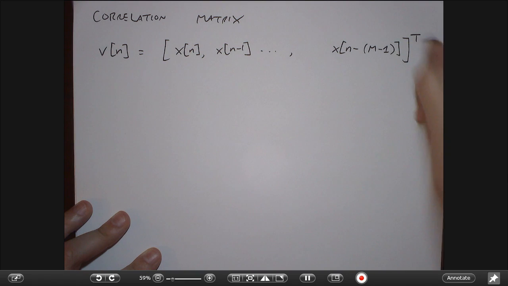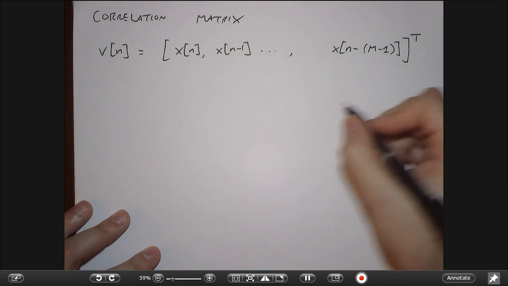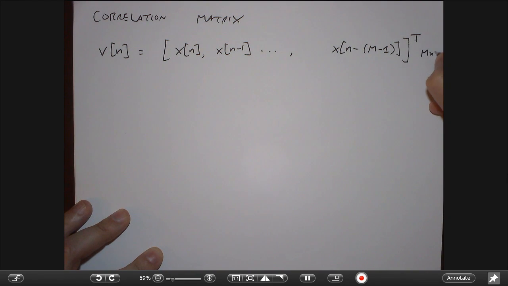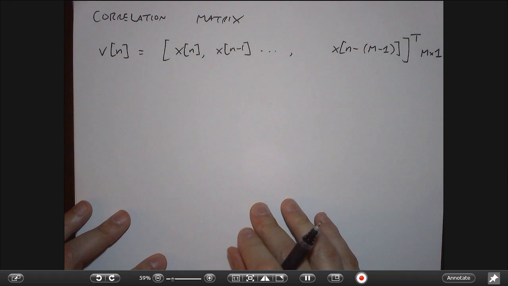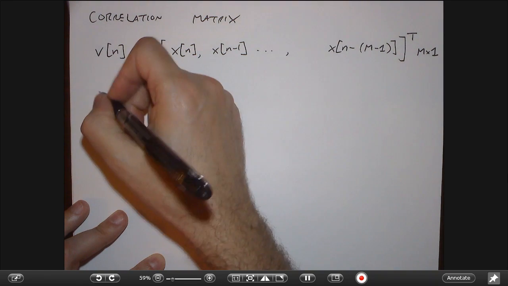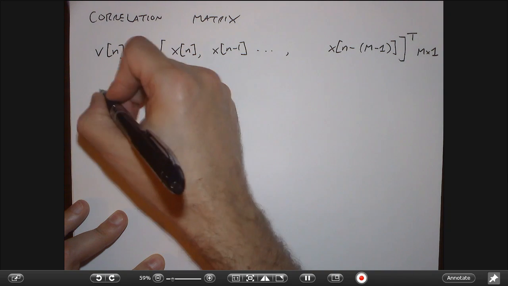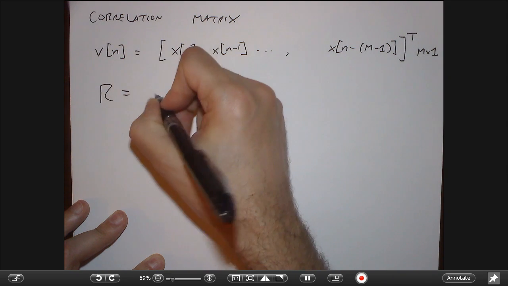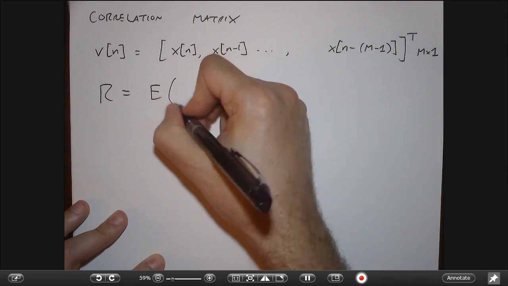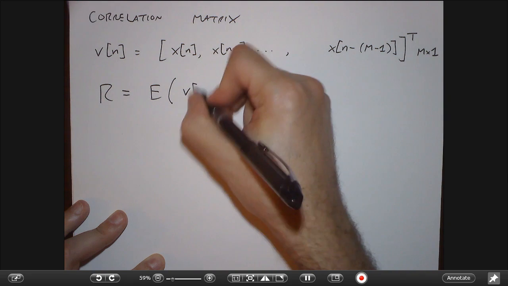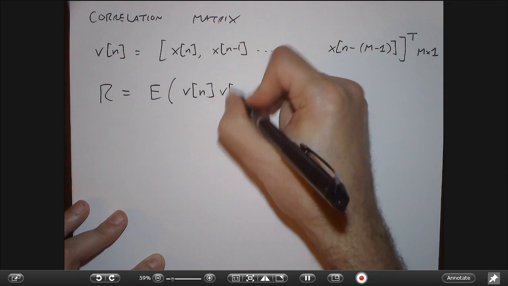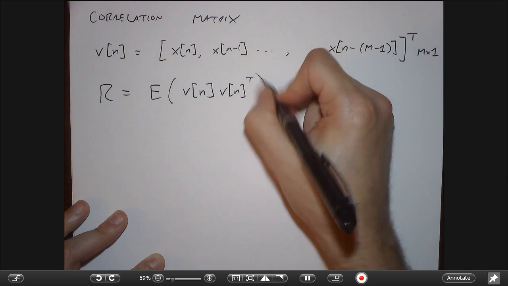So this is a vector, and this vector is going to be m by 1, right? And now I can form an m by m matrix, such that R is the expected value of this vector times this vector transpose, right?